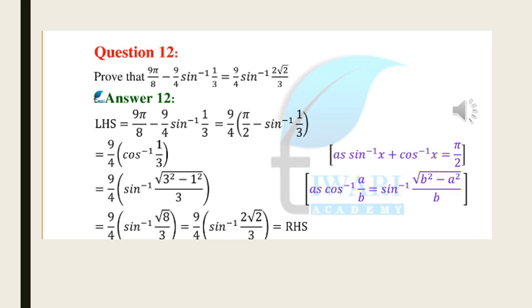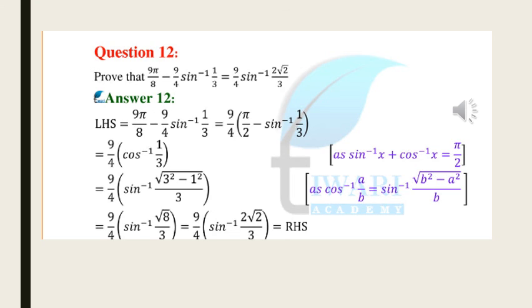Then it becomes 9 by 4 of pi by 2 minus sine inverse 1 by 3. And we know sine inverse x plus cos inverse x is equal to pi by 2. So pi by 2 minus sine inverse 1 by 3 is equal to cos inverse 1 by 3. So the left hand side is now 9 by 4 of cos inverse 1 by 3.